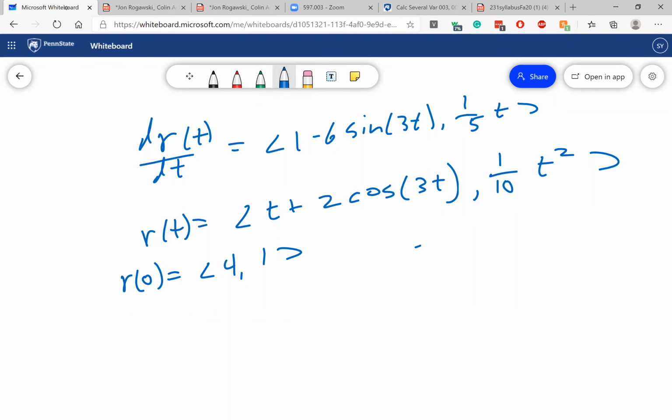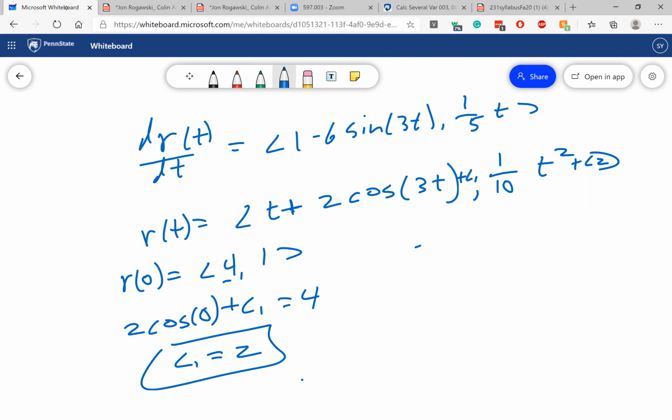Okay, so let's plug in r of 0 over here. This is 0 plus 2 cosine of 0 plus C1, so they're constants here. This is going to be equal to 4, so this tells me that C1 is equal to 2.